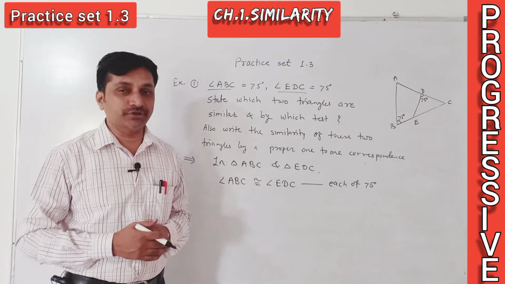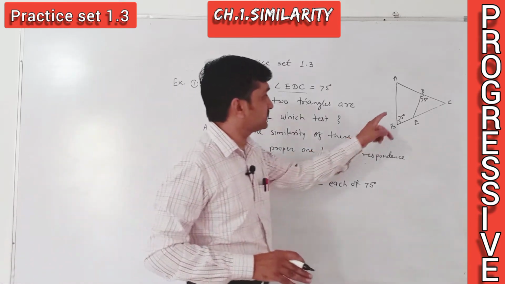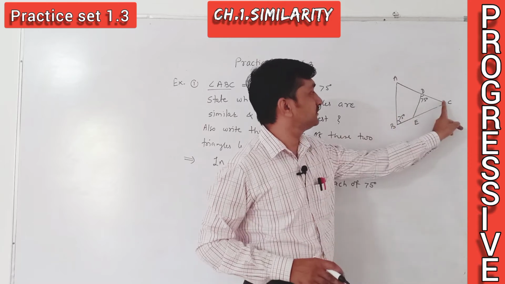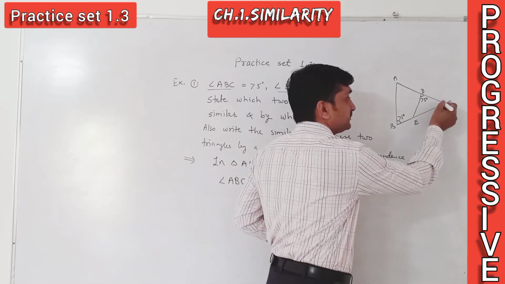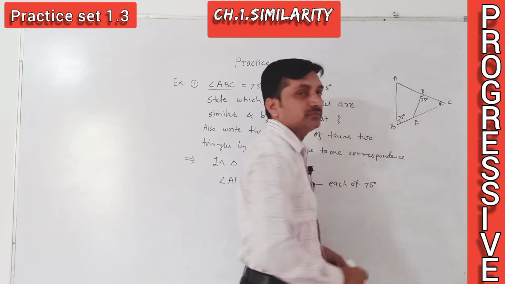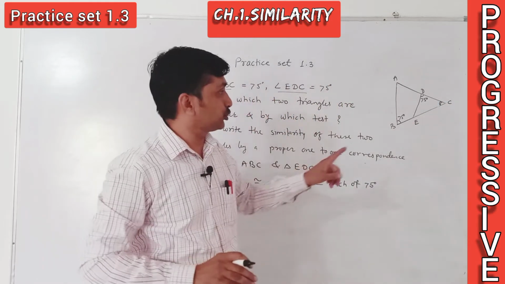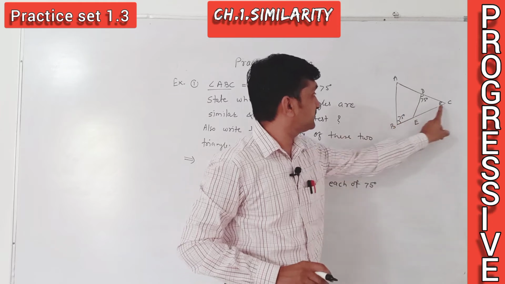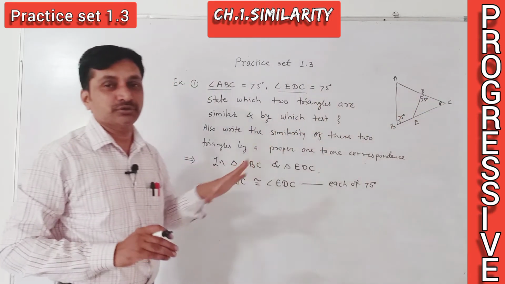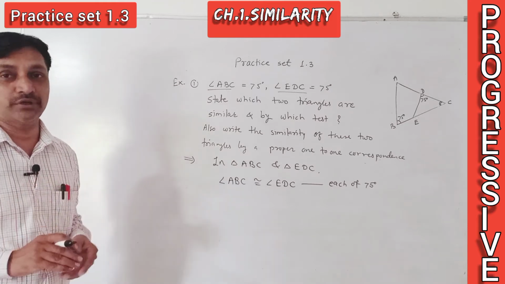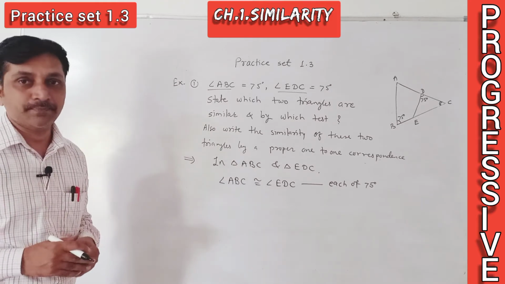One more angle we want. If you see these two triangles, ABC and EDC, angle C is common in both. Common angles are always congruent because their measures are the same.